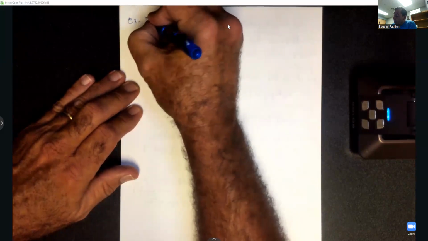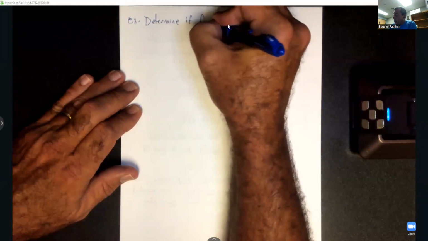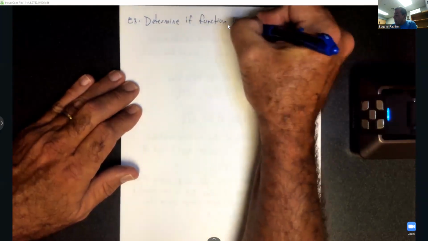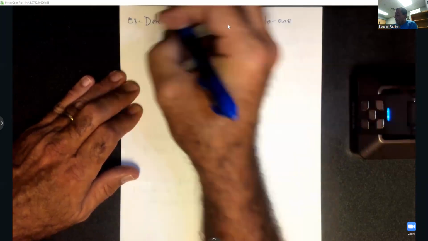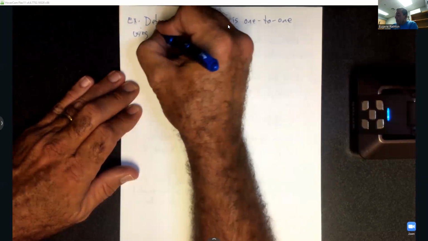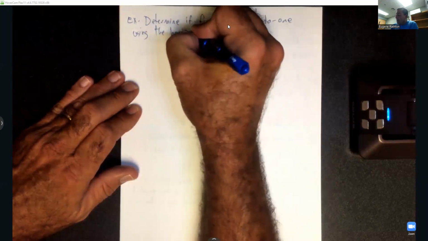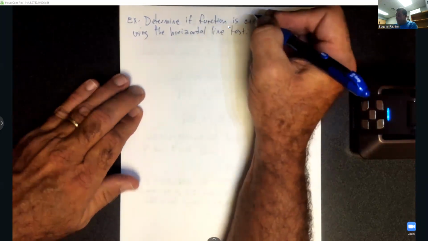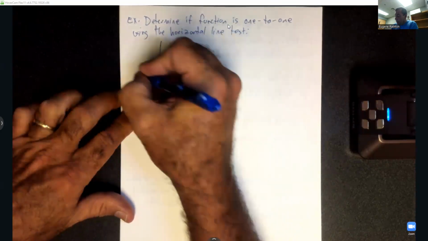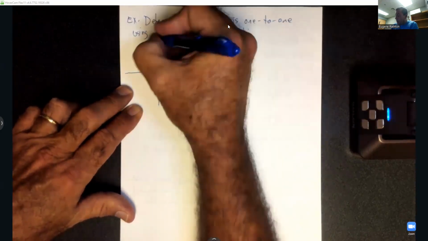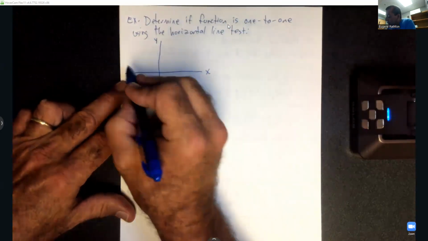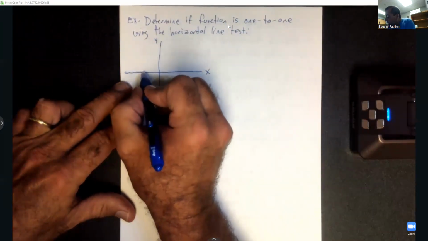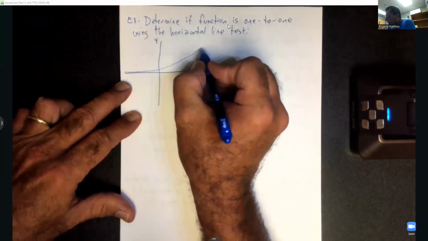So y'all, on this one, we're going to determine if one-to-one using the horizontal line test. So y'all, let me draw an X and a Y. So for this one, I'm going to have a line steadily increasing.